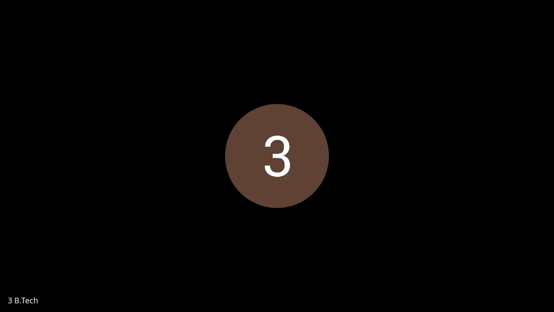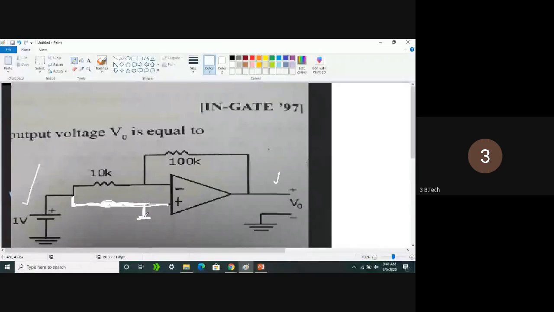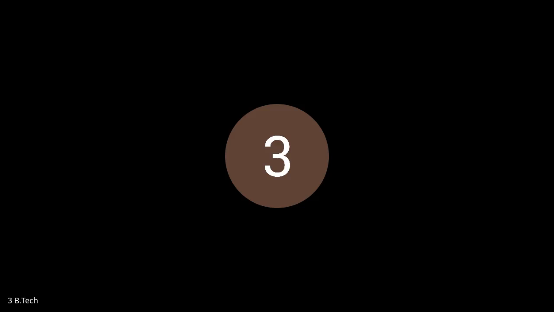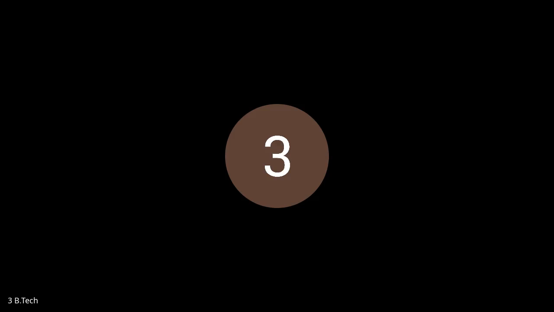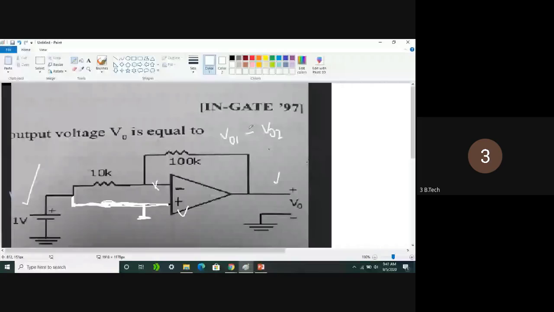Let it be V01. This is one output voltage, V01, due to the inverting voltage. After that, what do we need to do? This source is removed, that is, it is made 0, and here we apply 1 volt. For this we find another output, V02. Now while two sources are acting at a time, the total output voltage is the sum of the individual voltages while acting one source only.